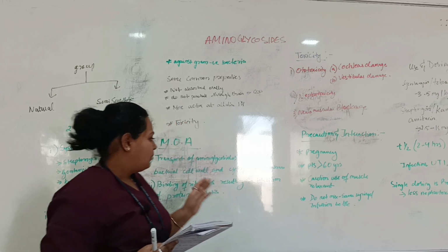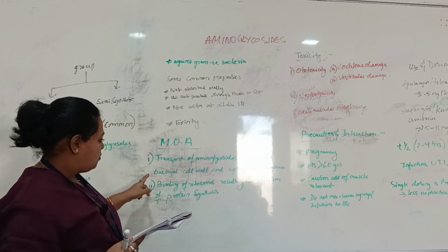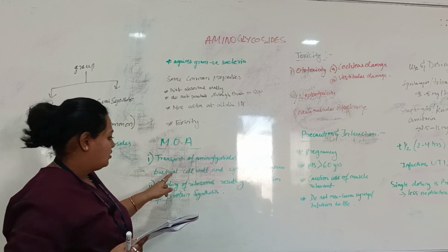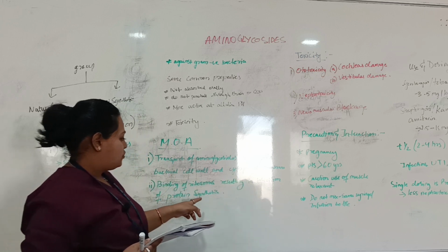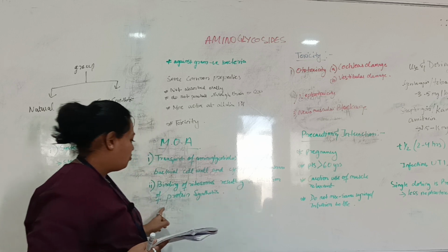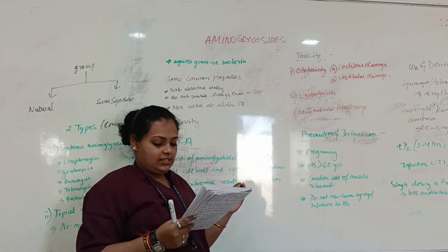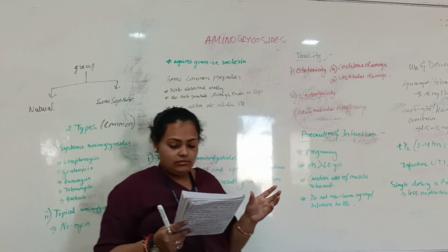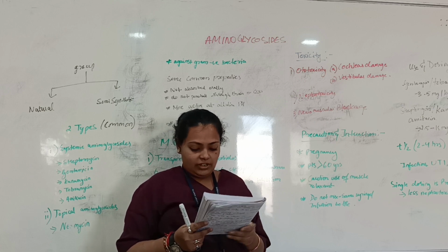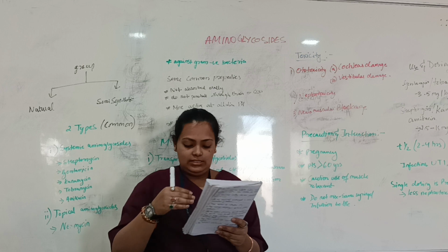Then we come to the mechanism of action. These are the two main points: transport of aminoglycosides through the bacterial cell wall and cytoplasmic membrane, and binding to the ribosome, resulting in inhibition of protein synthesis. Transport is into the bacterial cell. Through the outer coating of gram-negative bacteria, the drug passes through the porous channels.